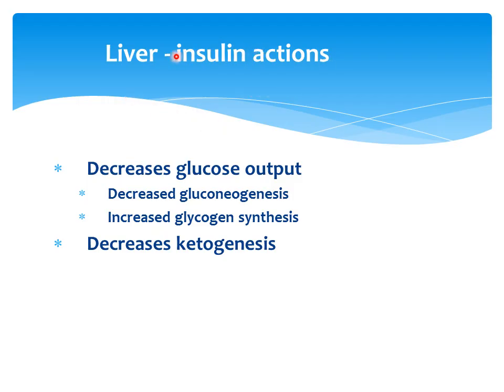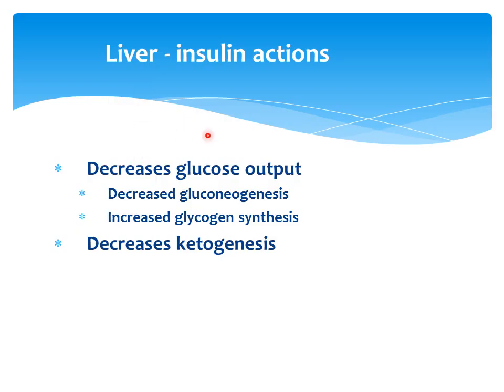I have told you the main site of action of insulin is the liver. In the liver, insulin decreases glucose output by inhibiting gluconeogenesis and stimulating glycogen synthesis. Insulin also inhibits the formation of ketone bodies by the liver.